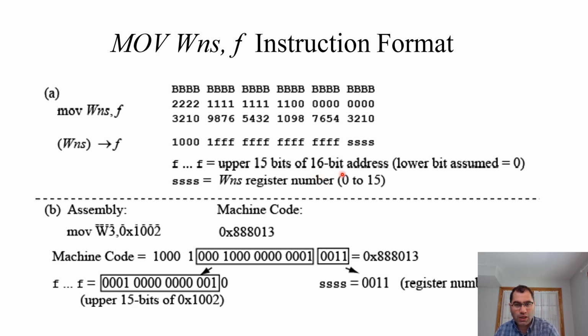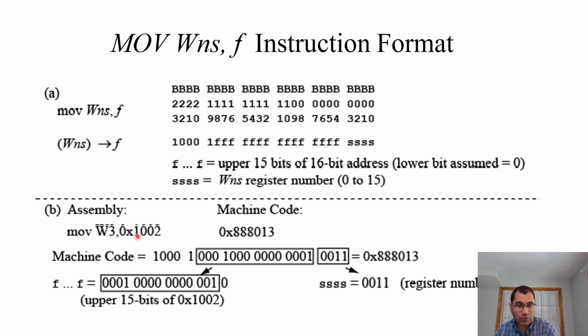So let's say this address is given to us, it's 1002. Of course, this is in hexadecimal, so we have to convert it, and that's what happens here.